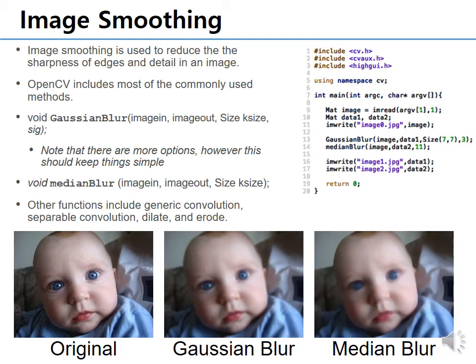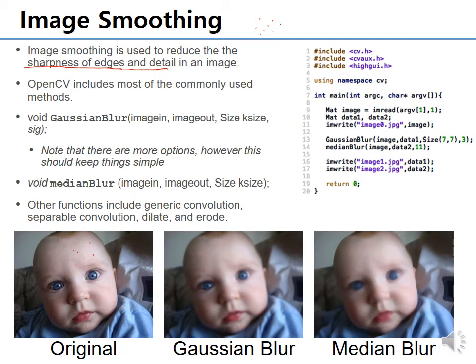Image smoothing is used to reduce the sharpness of the edges and the details in an image. Why do we want to reduce the sharpness of the edges? Actually, there are some noises here, black and white noise over this picture.